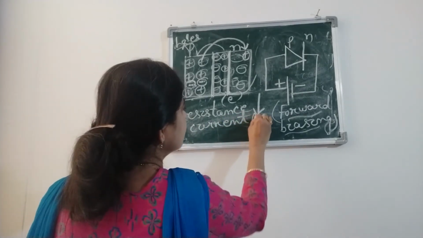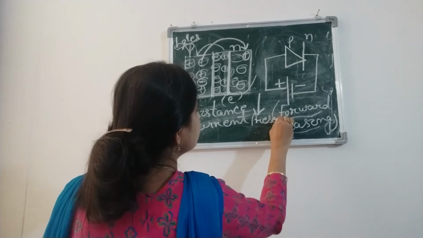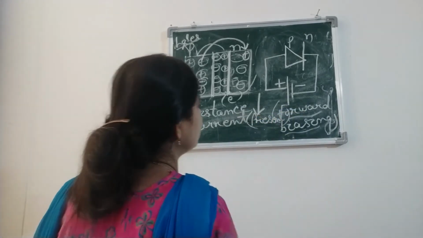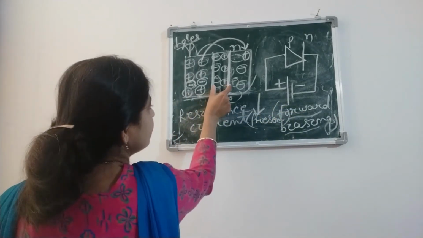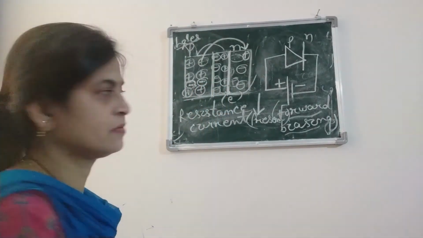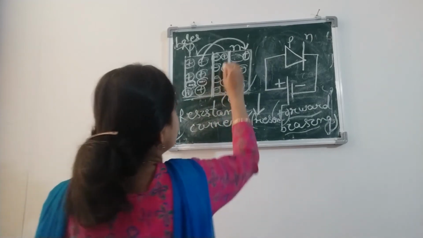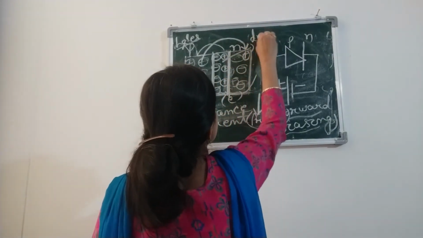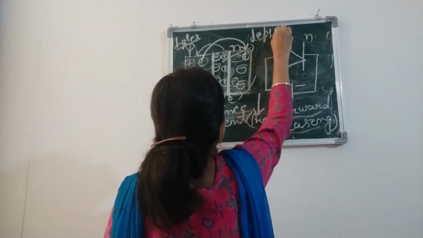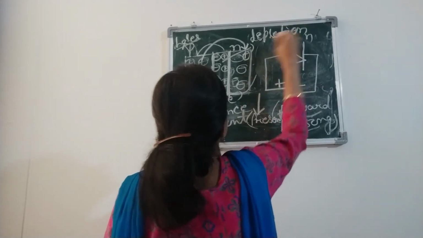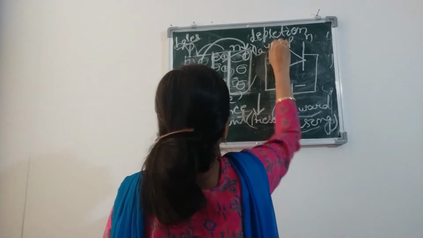And what happens to the barrier potential or the width of the depletion layer? This layer is also called the depletion layer or depletion junction.